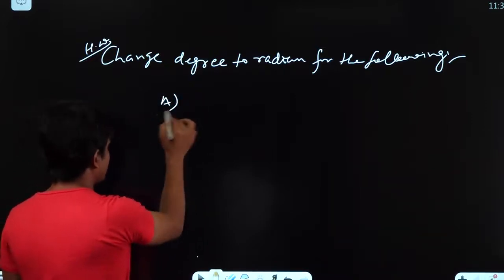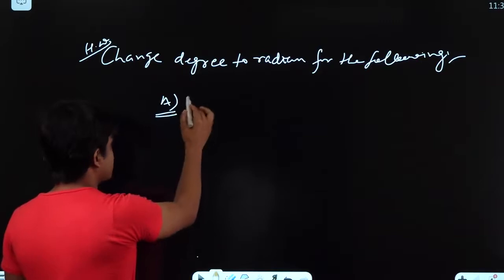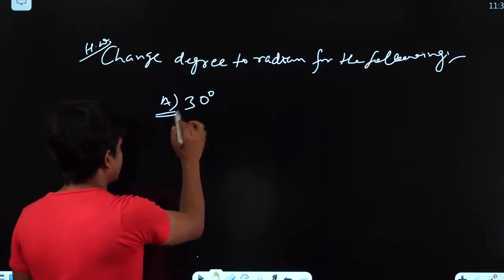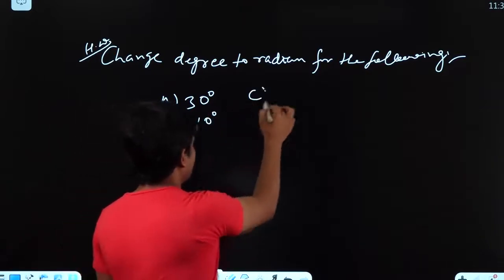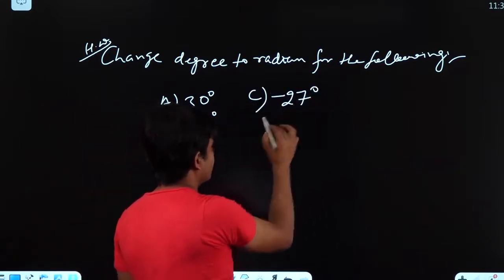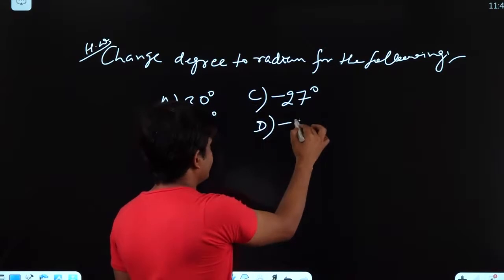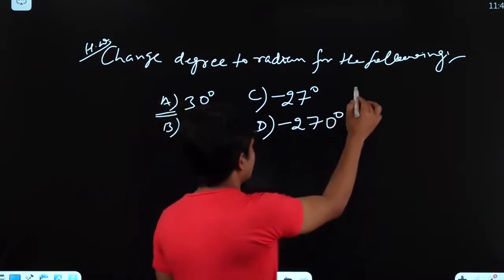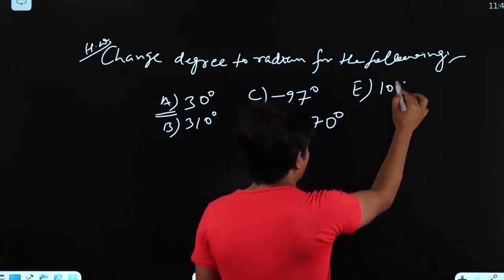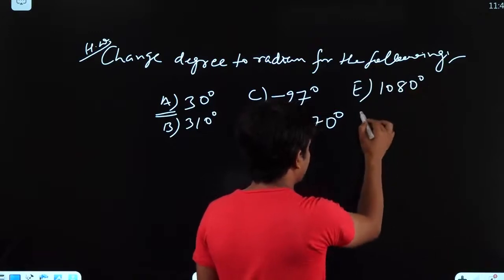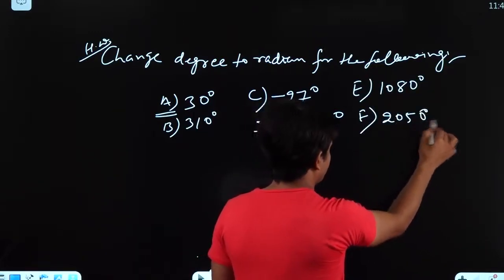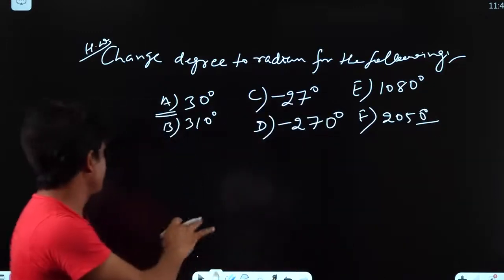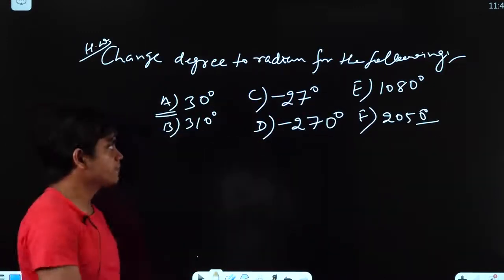The question is very simple: 30 degree, 310 degree, minus 27 degree, minus 270 degree, 1080 degree, 2050 degree. Okay, so you have to change degree to radian.